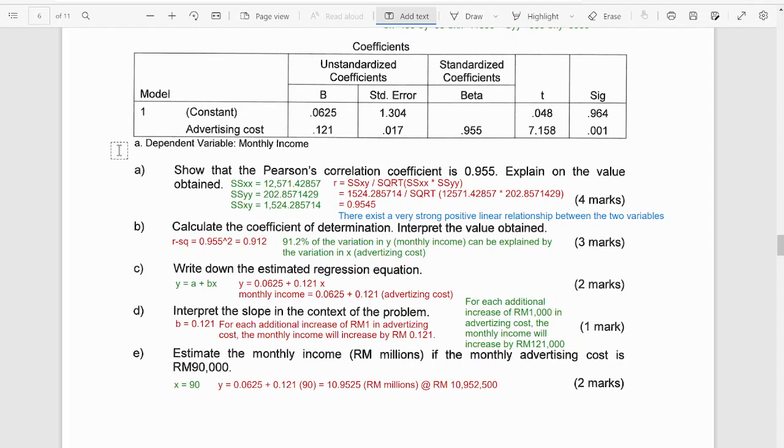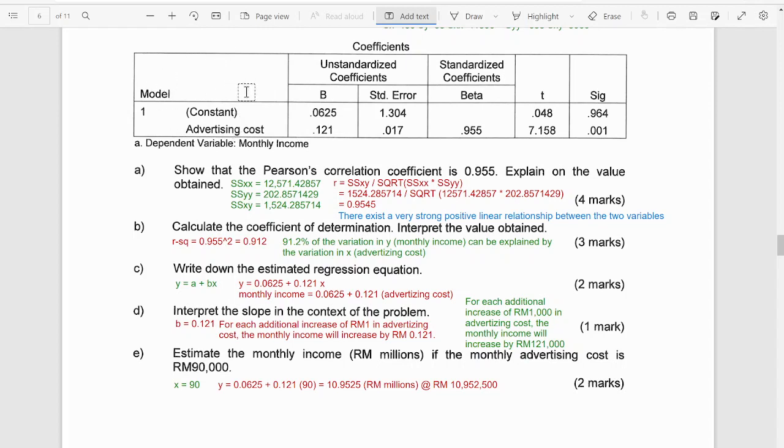Kadang-kadang dalam exam dia tak bagi yang ni, dependent variable equal to what. Memang dalam output memang ada, tapi kalau setengah-setengah dia tak tulis dependent variable equal to monthly income. Okay. So in order to know which one is the independent variable, you tengok dalam model coefficient ni, kalau ada table coefficient ni. Whatever variable bawah constant ni, this is the independent variable. So maknanya ada satu lagi tu adalah dependent variable.